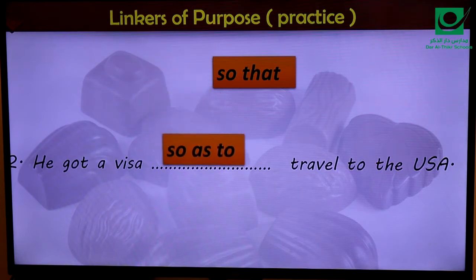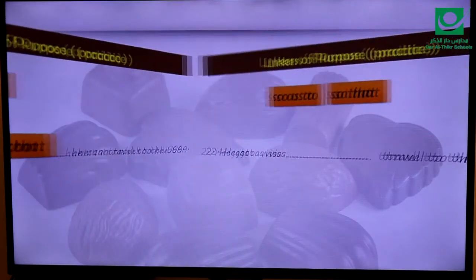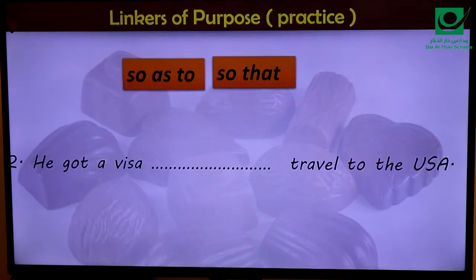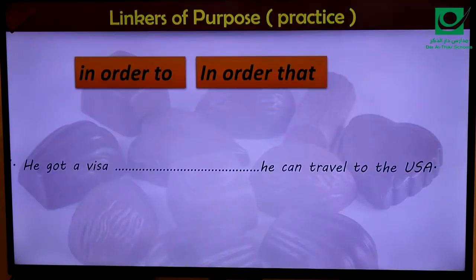Yes, this time so as to, because to is followed by the infinitive. Again, in that part we had so that because it's followed by he can travel, a full phrase. And this one, we used so as to because it's followed by the infinitive. So let's go ahead to another example. In order to and in order that.